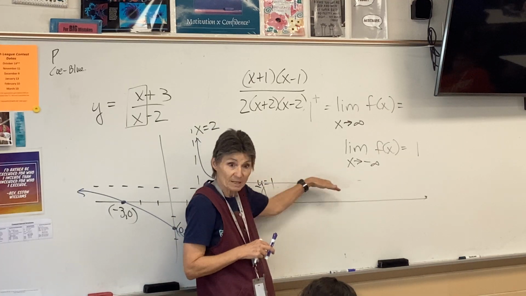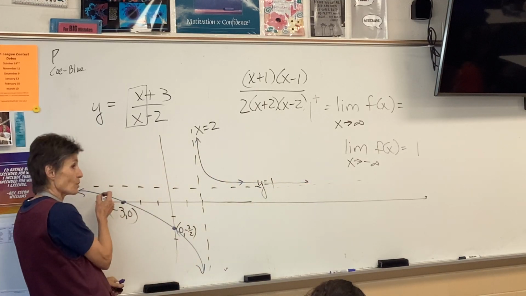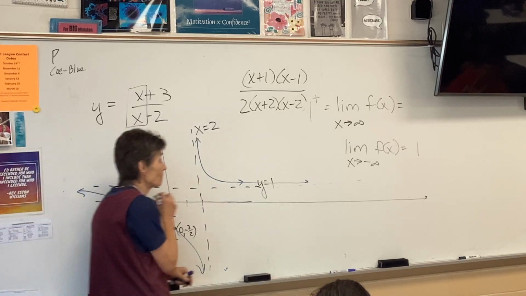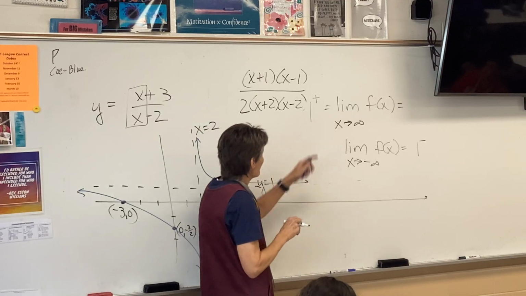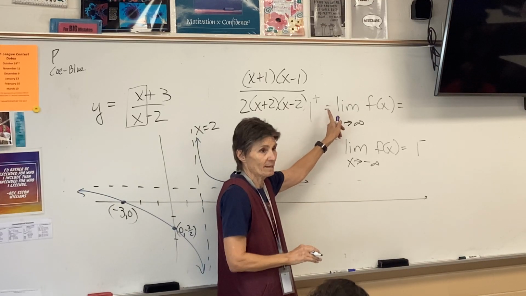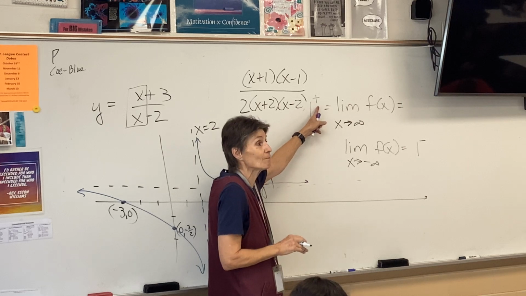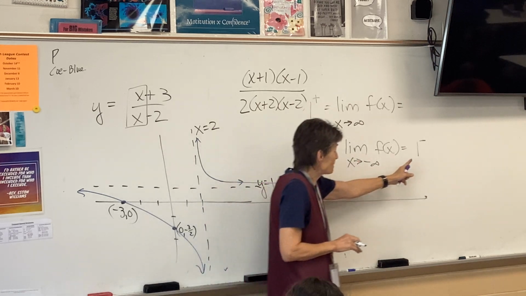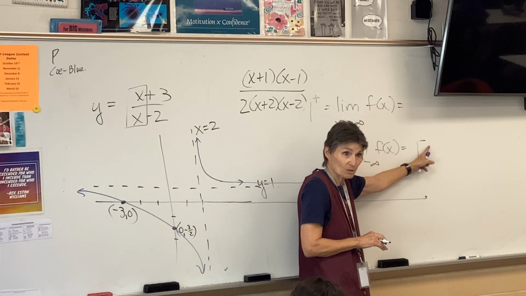I'm coming in from the top. This one, the y values are actually getting bigger, coming in from the bottom. So that doesn't mean positive 1. This is positive 1. This means coming in from the top of the picture. This means coming closer to 1 from the bottom of the picture.